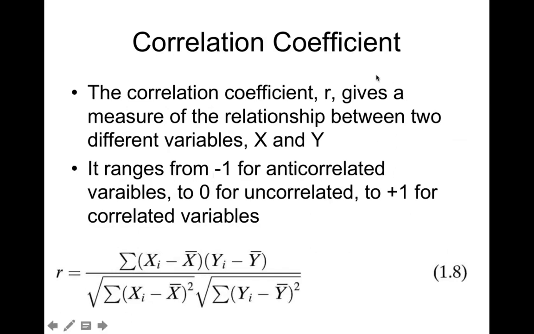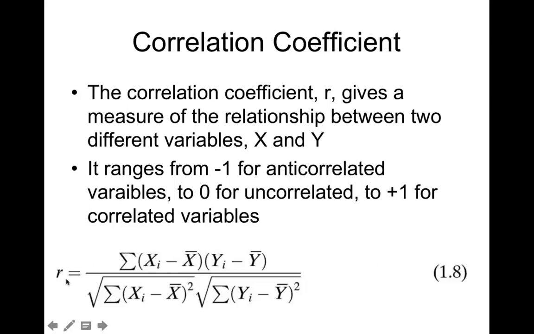Okay, well, a correlation coefficient, and here's where things begin to get interesting, because the correlation coefficient basically gives you a measure of the relationship between 2 different variables, x and y. And it ranges from -1 for variables that are what we call anti-correlated, to 0 for completely uncorrelated variables, to 1 for correlated variables.